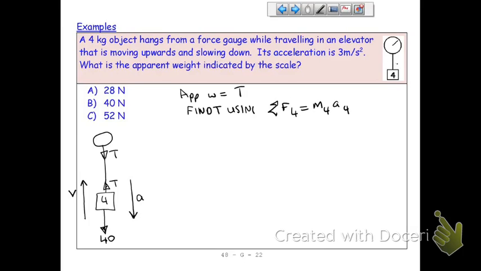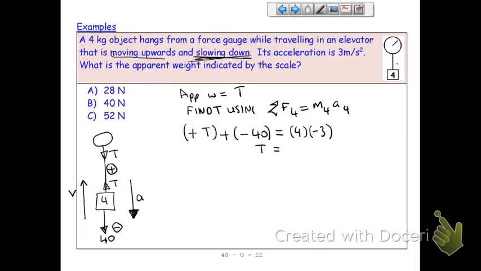To be very specific, I go plus T added to minus 40. This is positive and this is negative. Is equal to 4 times, now my acceleration is negative direction. And I got that from the wording, moving upwards and slowing down. So then I go, oh, that's not going to be 3 meters per second squared, that's going to be minus 3 meters per second squared.